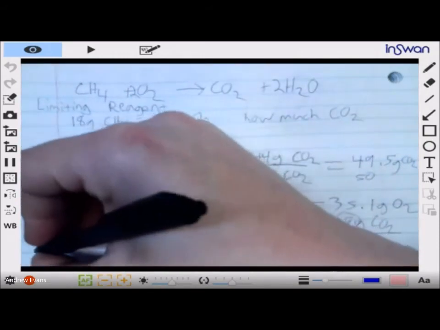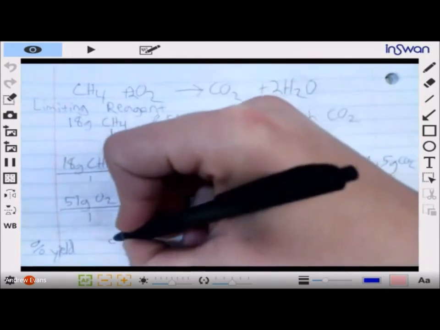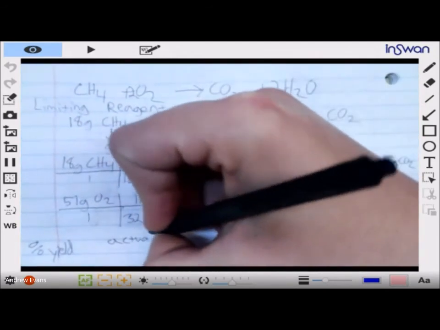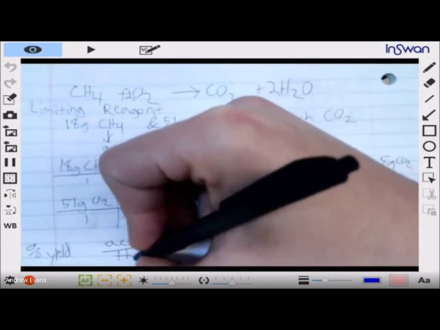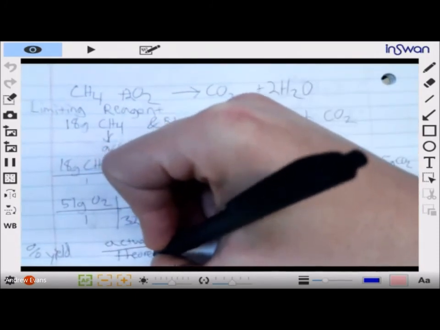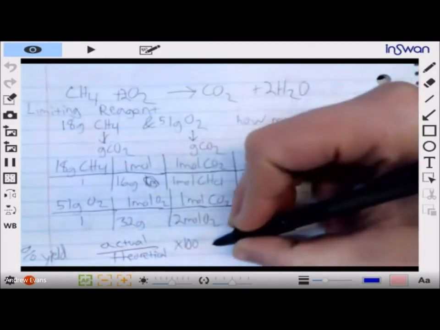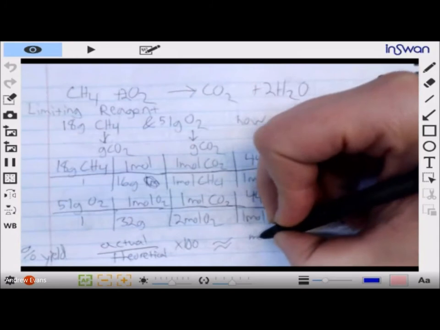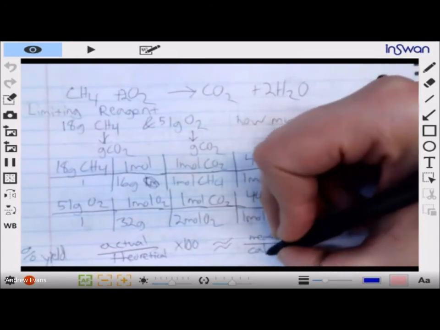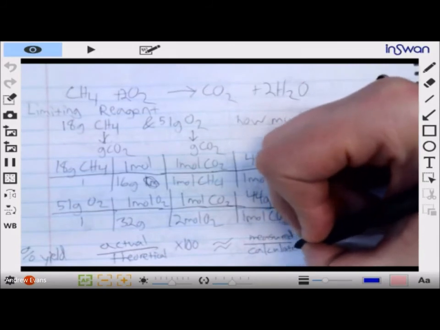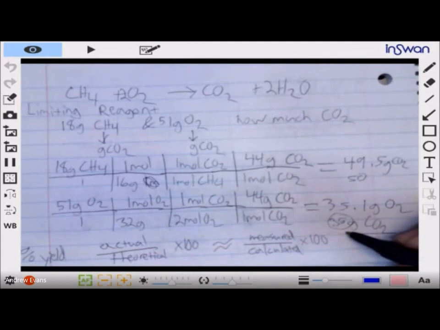Percent yield is simply the actual yield, the physical measured, divided by the theoretical, times 100. So another way to put that is the measured over calculated. All this that we've just done is a calculated yield.